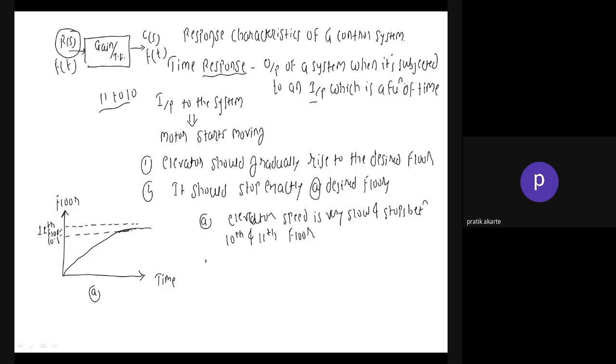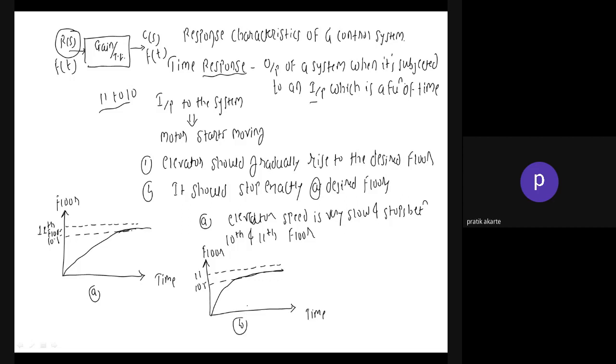Now let me draw another kind of response. So this is again the floor and this is time. We have this 11th floor and this is the 10.5 floor. So this is another response. Now what is the difference between these two responses?